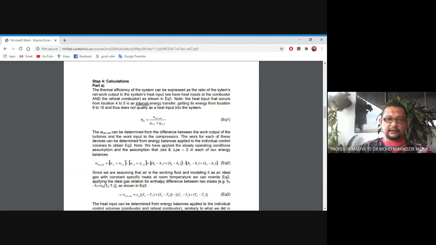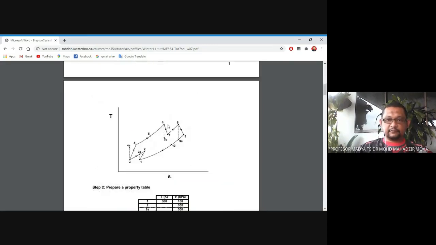Based on the calculation, it wants you to find the thermal efficiency. For the thermal efficiency of this system, you know the basic formula is W net over Q in. In this case, Q in has two parts, that means Q in number one and Q in number two. Look at the picture.